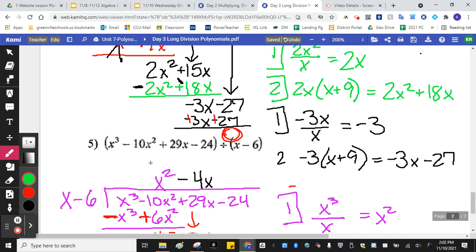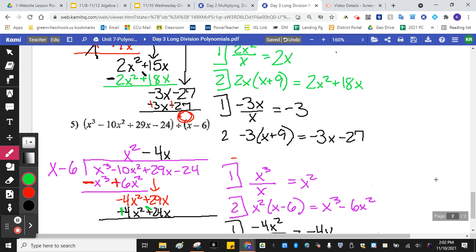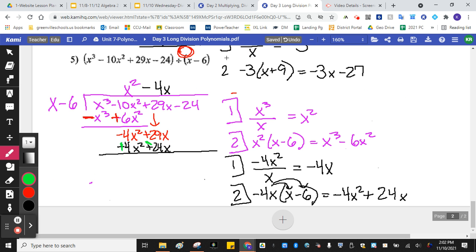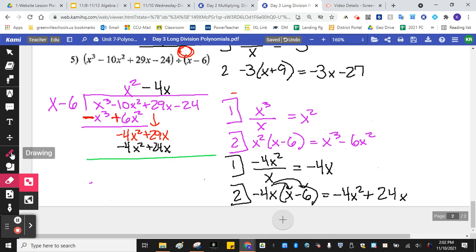Why? Because I'm subtracting them. Another way to see it is you're subtracting this whole row, but that makes you mess up your signs a lot, so that's why I don't write it that way. So these cancel out.